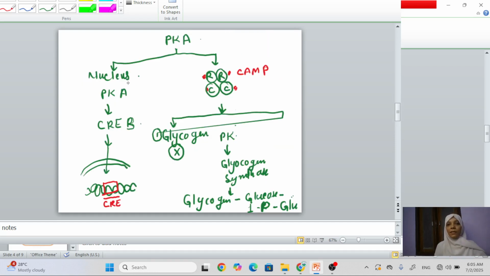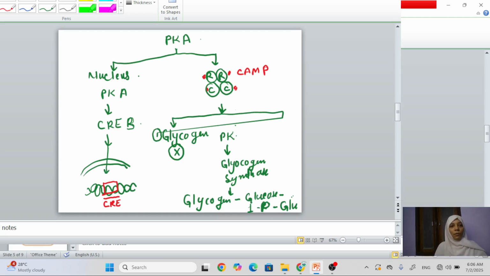This PKA enters into the nucleus, then activates the CREB, and then goes to the CRE site and binds. And here is some other pathway, that is stop making glycogen molecule, because if we store glucose molecule, there is no instant energy for production, and we will produce glucose molecule by using glucose 1 phosphate to change into the glucose molecule.